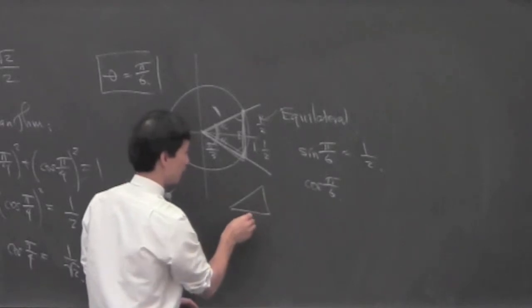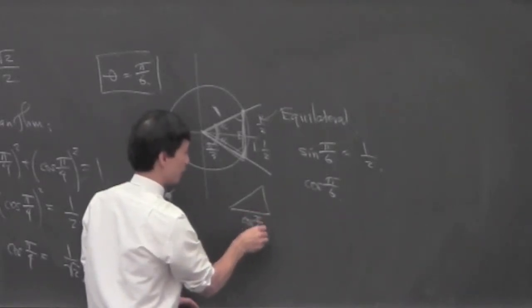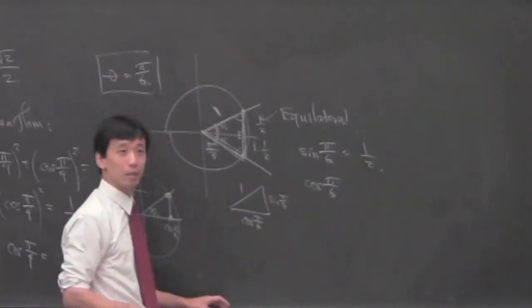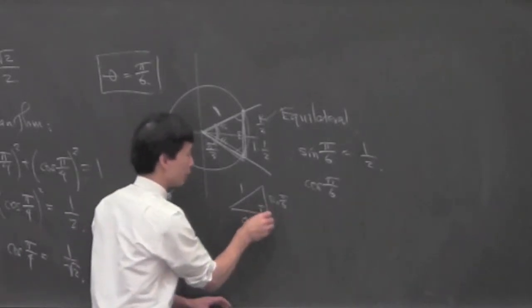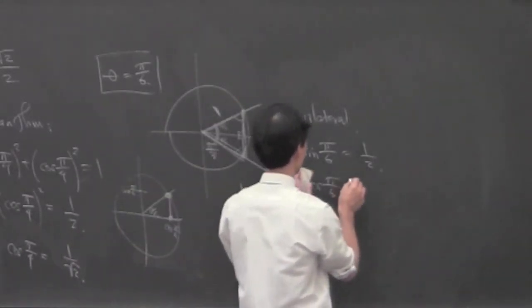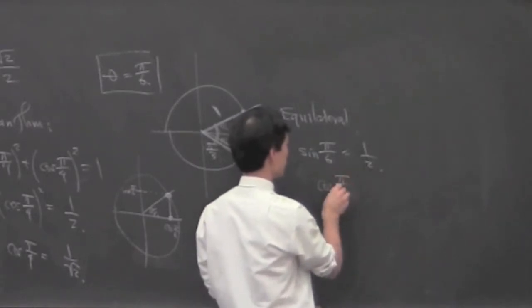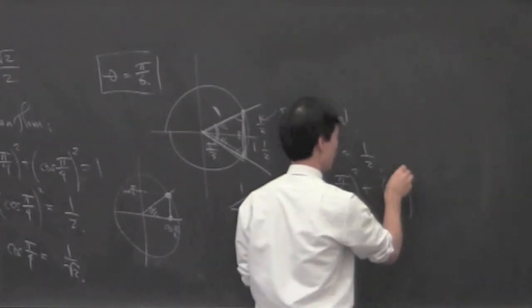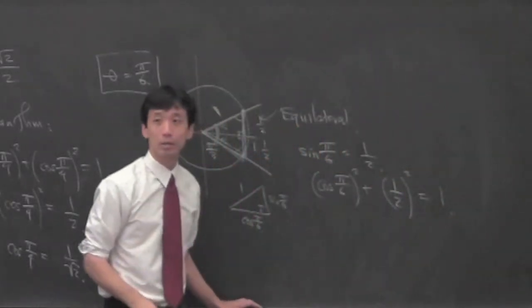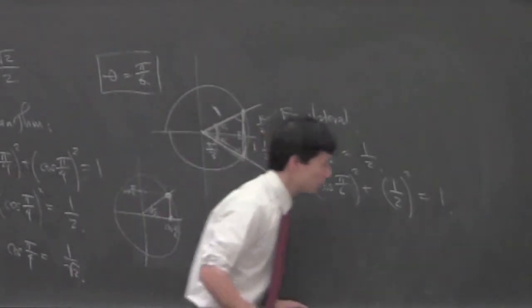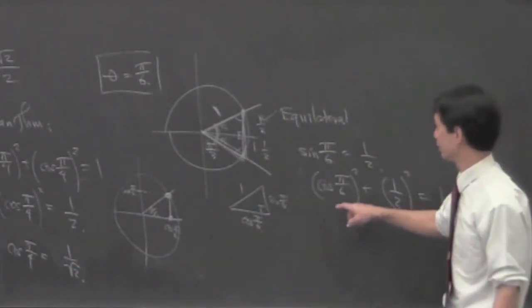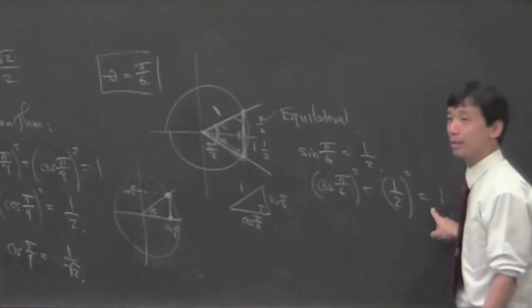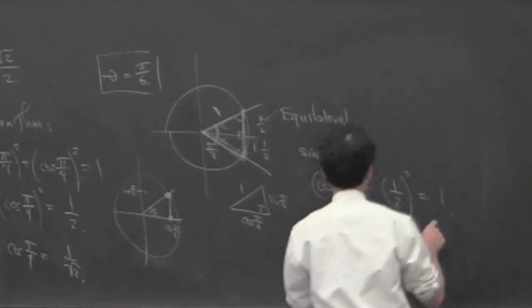We know that cosine pi over 6 squared plus sine pi over 6 squared is 1, by the Pythagorean theorem. And the sine of pi over 6 is a half.